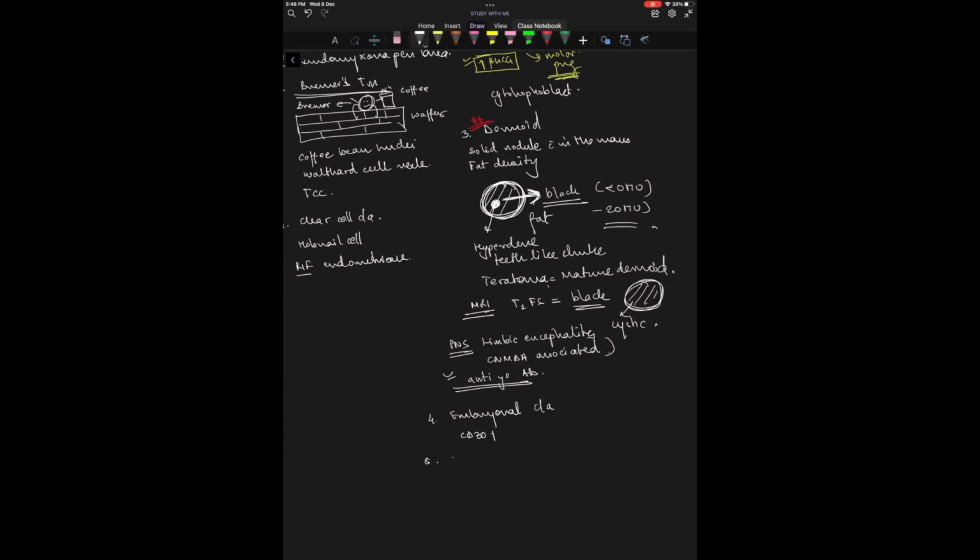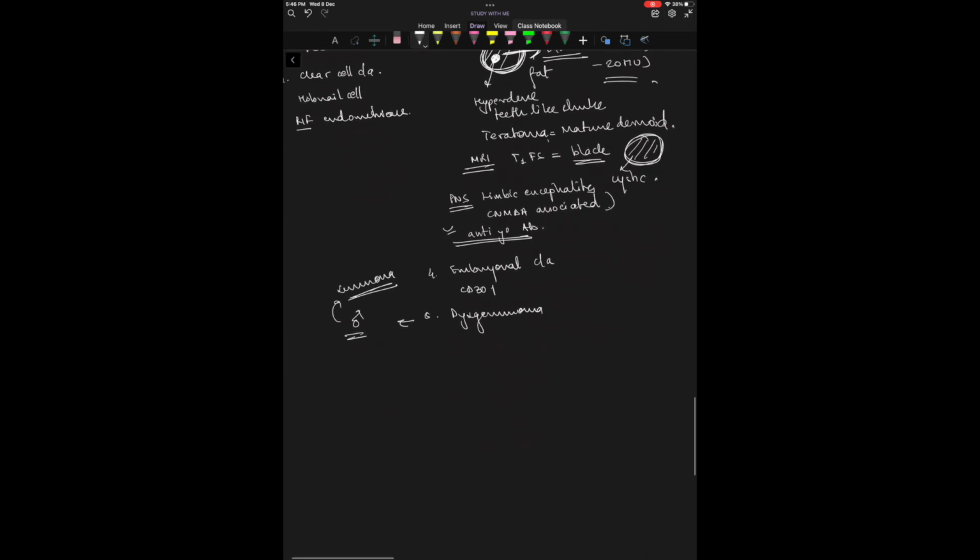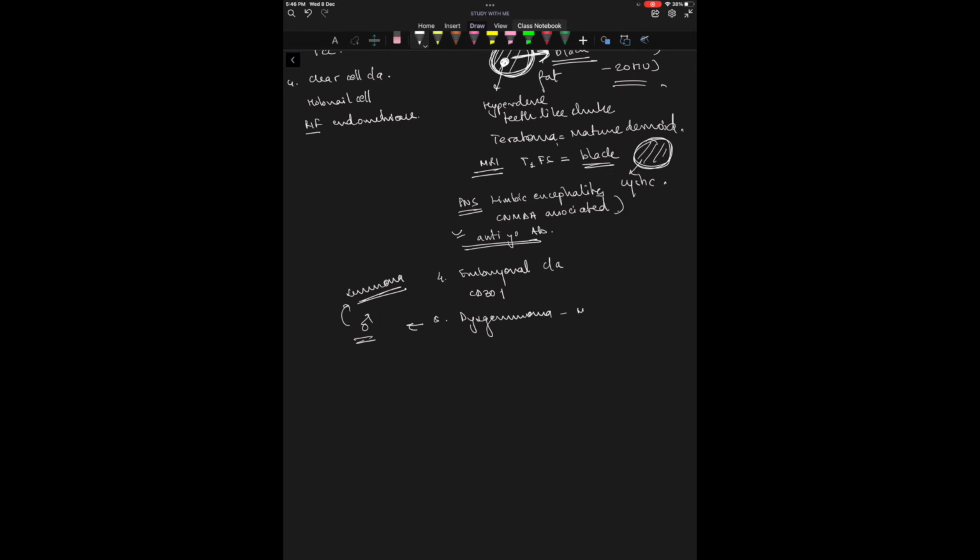And finally, we have dysgerminoma. Can anyone tell me the male counterpart of dysgerminoma? Yeah, very good. It is seminoma. So dysgerminoma, this is the most common malignant tumor of ovary. It is LDH positive. This was a recent INICET question.